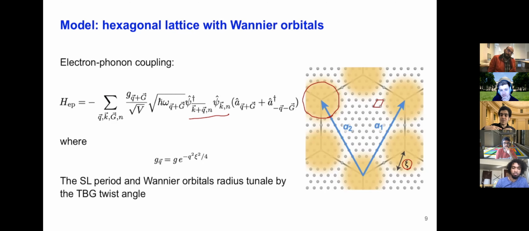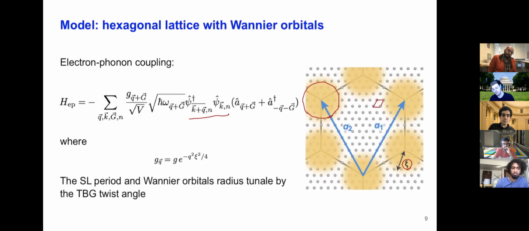It's not that we get flat bands for phonons. The phonons more or less look like the phonons in the monolayer graphene sheets. We just now have two of them.